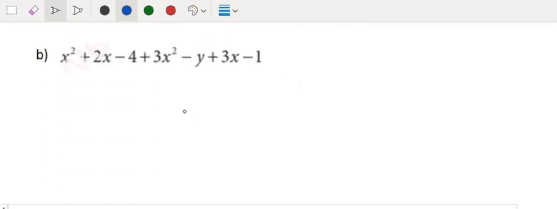Next question. Now we have to simplify these terms. Similarly, we find the like terms here. The like terms are x square and 3x square. These two are the like terms, so we write it here: x square plus 3x square gives us 4x square.